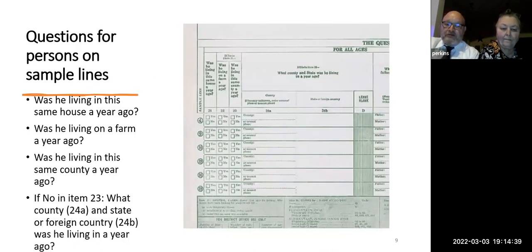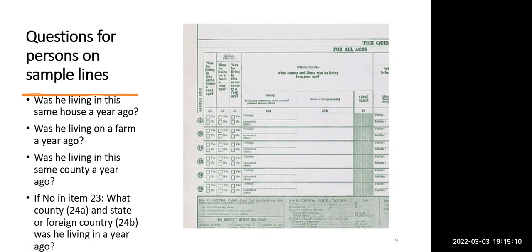We talked about those rows, and as you can see on here, there's a number by them, like 4, 9, 11, and so forth. Those are identified as specific additional questions asked of those people only. It goes into how long the person has lived in that house, whether they lived in the same country or not, and information of that sort.